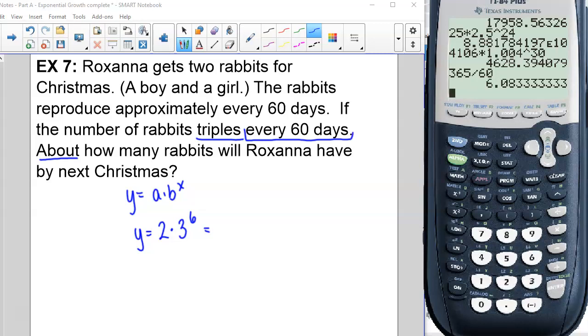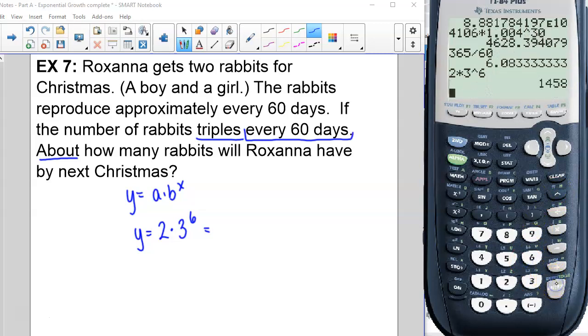And then after that, 60 more. So you've got 6 periods that they can reproduce. So, if we do 2 times 3 to the 6th power, at the end of the year, we have 1,458 rabbits. It's a lot of rabbits.